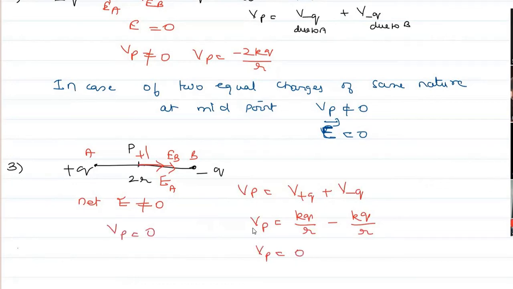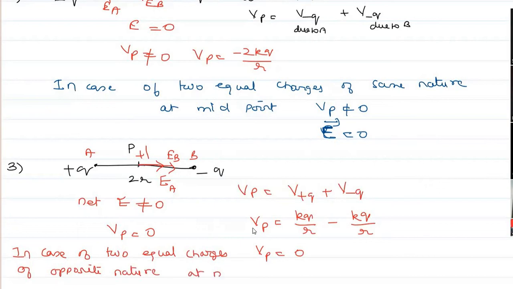So in case of two equal charges of opposite nature, what will happen at midpoint? The electric potential will be 0, but electric field will not be 0. Clear, ma'am?